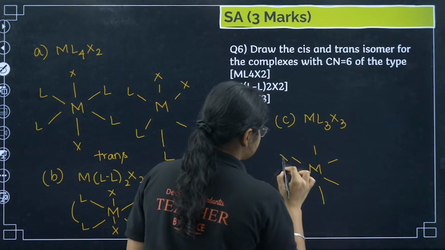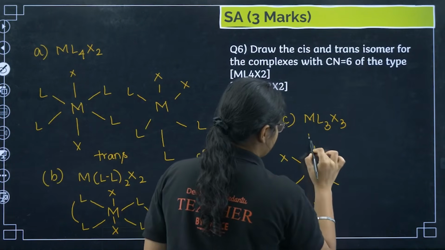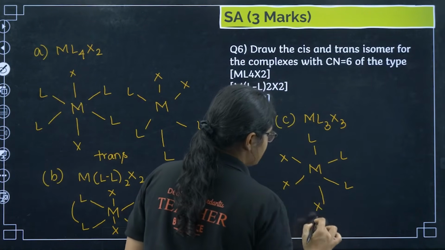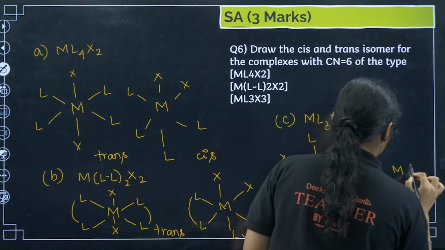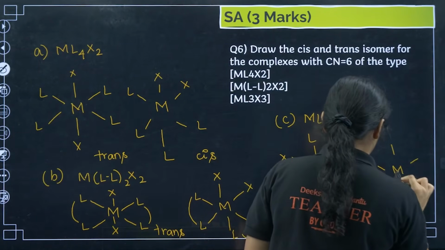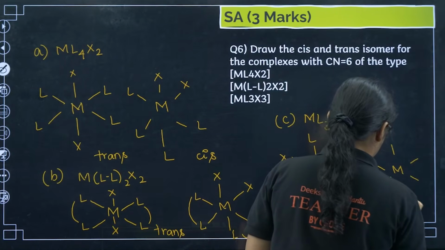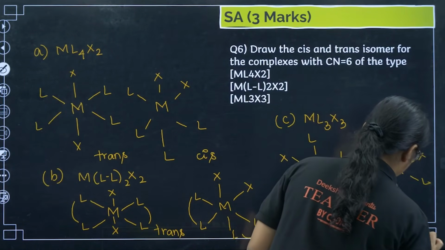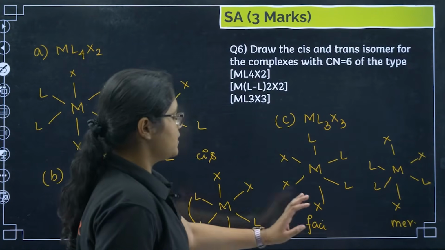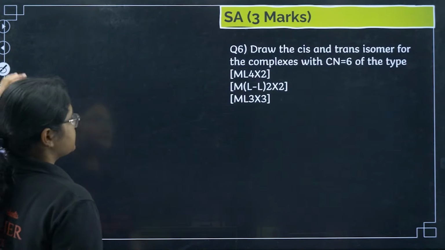If I have all three L on one side and the other three X on one side, this is facial. And if I want to draw meridional, it will be L, L, L and X, X, X. So this is meridional. So these are the isomer structures.